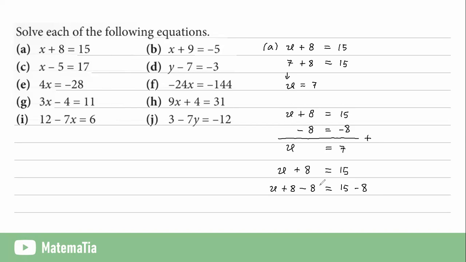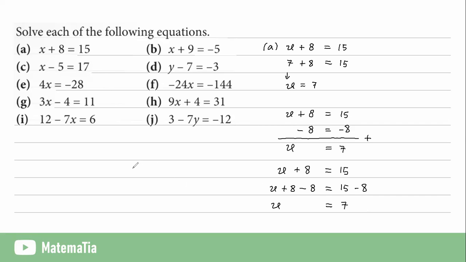So we do the same operation on both sides. So we do minus 8 on both sides. So here we know that 8 minus 8 is equal to 0, right? It's okay if you don't write the 0. So we only need to write x is equal to 15 minus 8. So it's equal to 7.